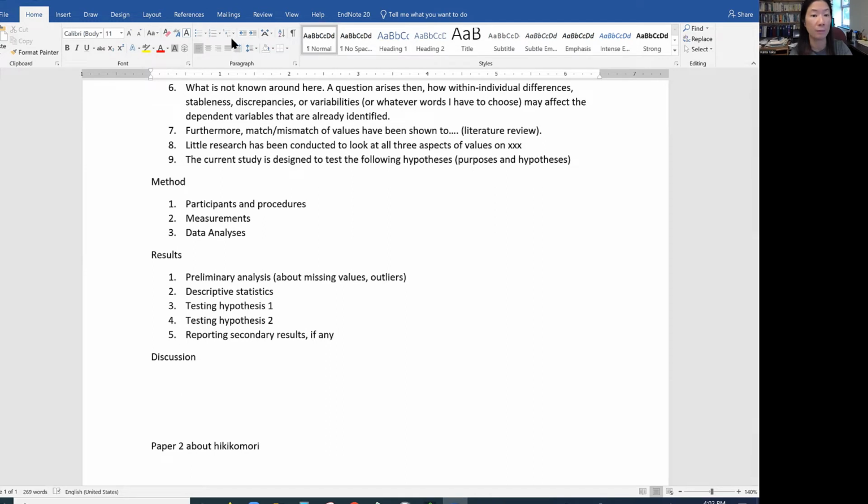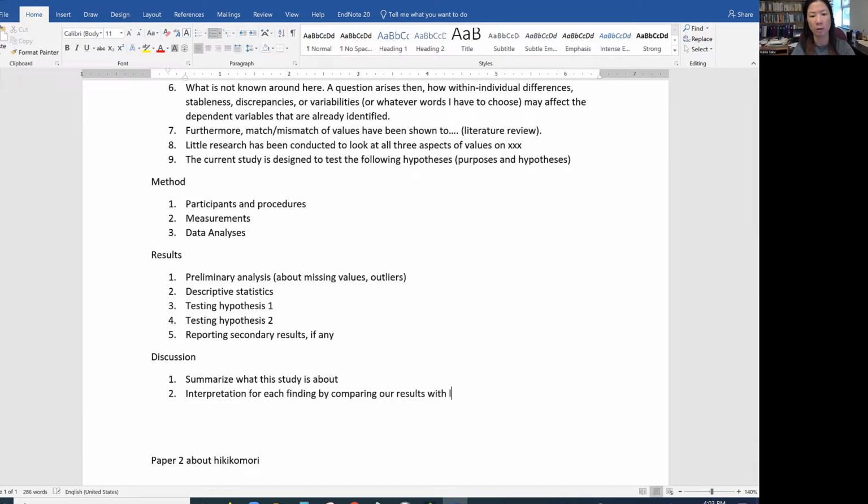And then after that, I'm going to first summarize what this study is about. And then start interpretation for each finding by comparing our results with previous studies, as well as comparing with my own hypothesis, whether it was supported or not.